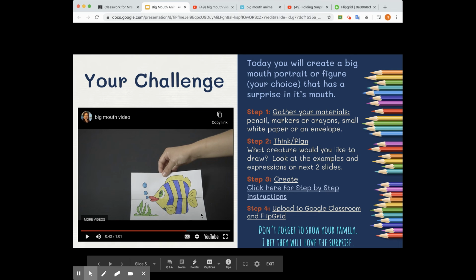Also, notice how this person is showing their artwork folded and then they pop it open for the surprise. So when you open and upload your video to Flipgrid, show it closed and open so we can see both forms of your artwork.